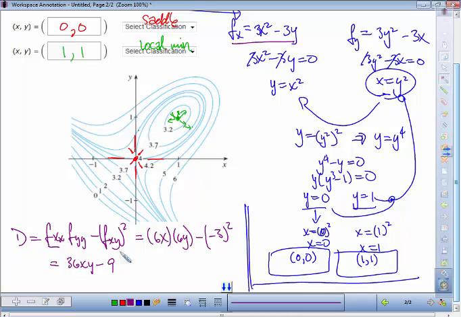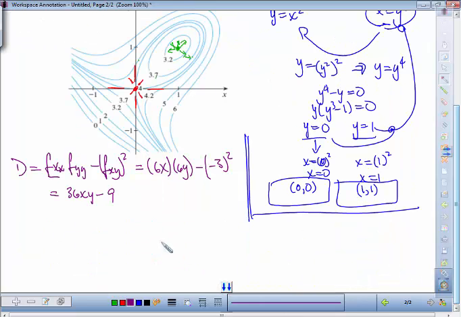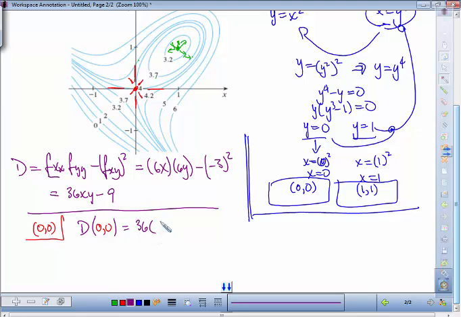Okay. All right, now I'm going to take the 2 points that I got and then test them. So let's take 0, 0 first, and I want to put that into my D function that I just created. So I have 36x times y minus 9.